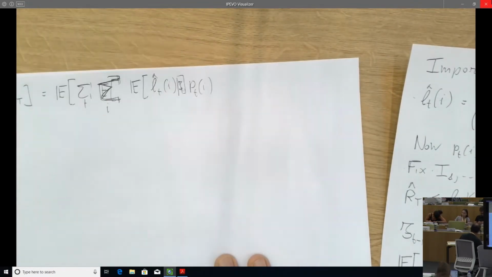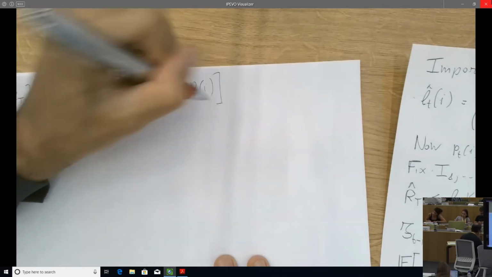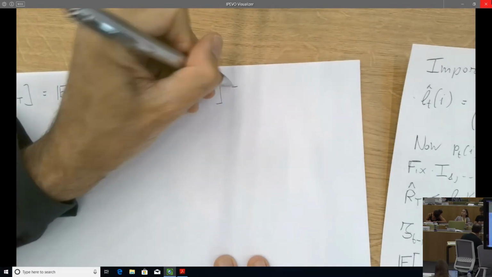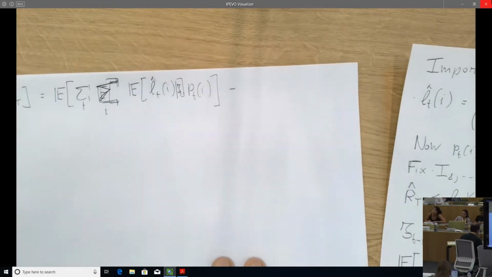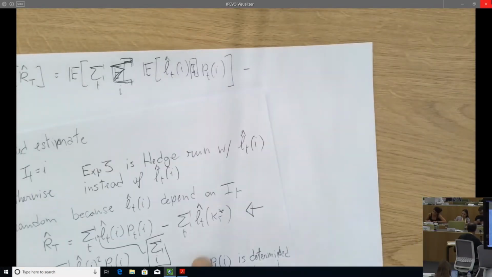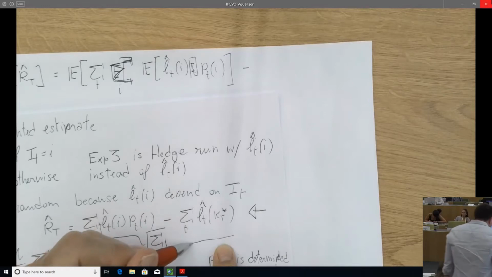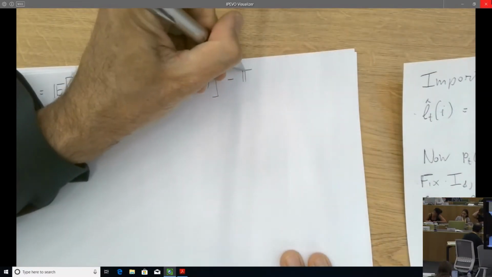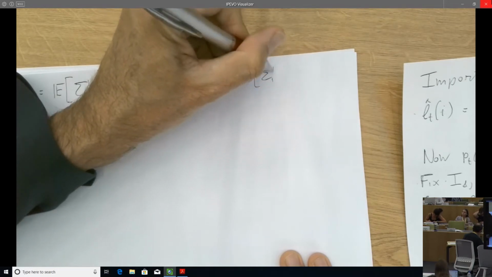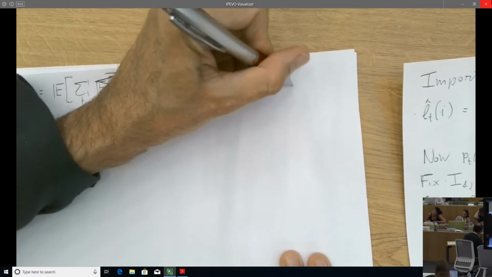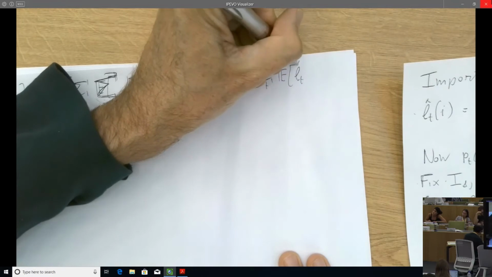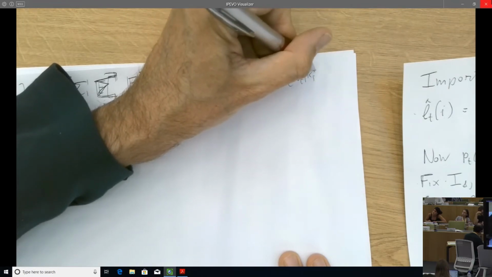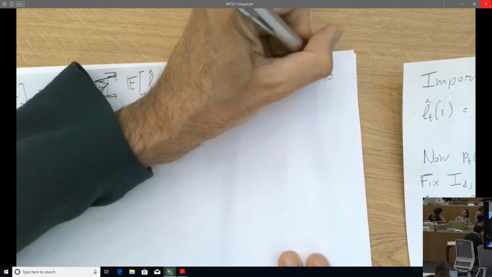And then I have the other part, which is minus the other part of this over here. So I can also do the expectation, sum over t, expectation of LT hat KT star, conditional.